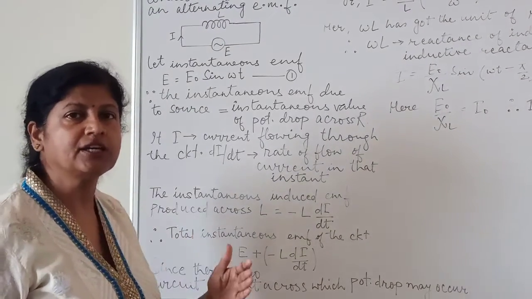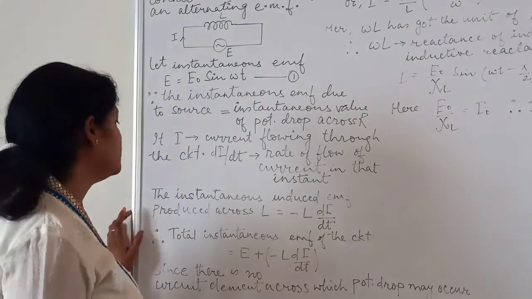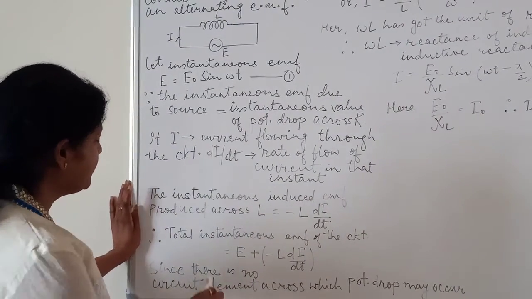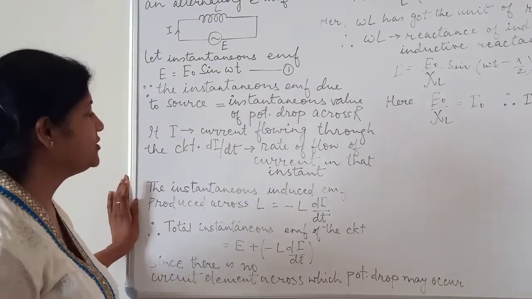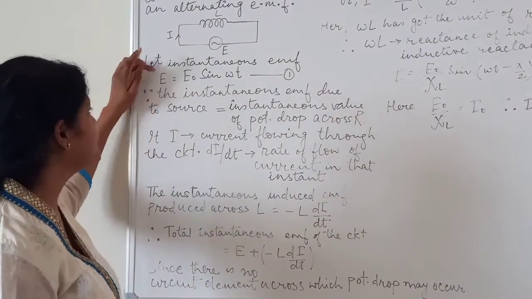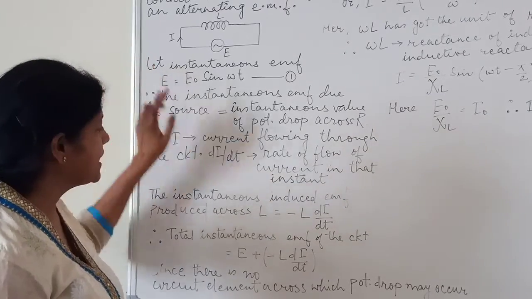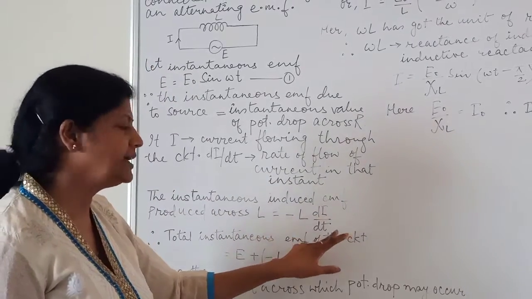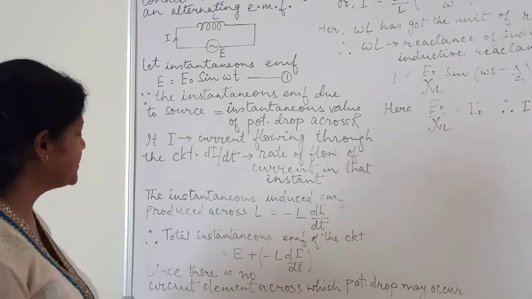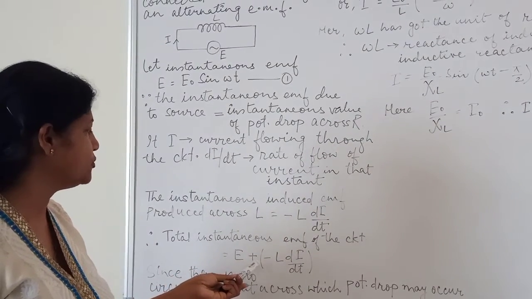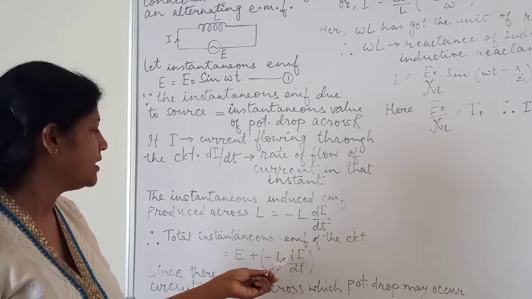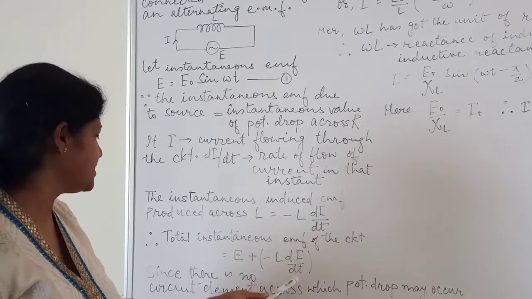Therefore, the total EMF of the circuit will be E plus minus L di upon dt.